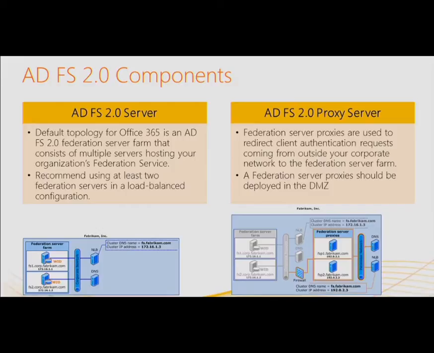Make sense? The main goal of the proxy server is to provide access to external users that will need to authenticate to Office 365, but we certainly don't want to publish our Active Directory directly externally. So we will have to insert something here that will proxy the access to our Active Directory. We will learn more about that in the next slide.